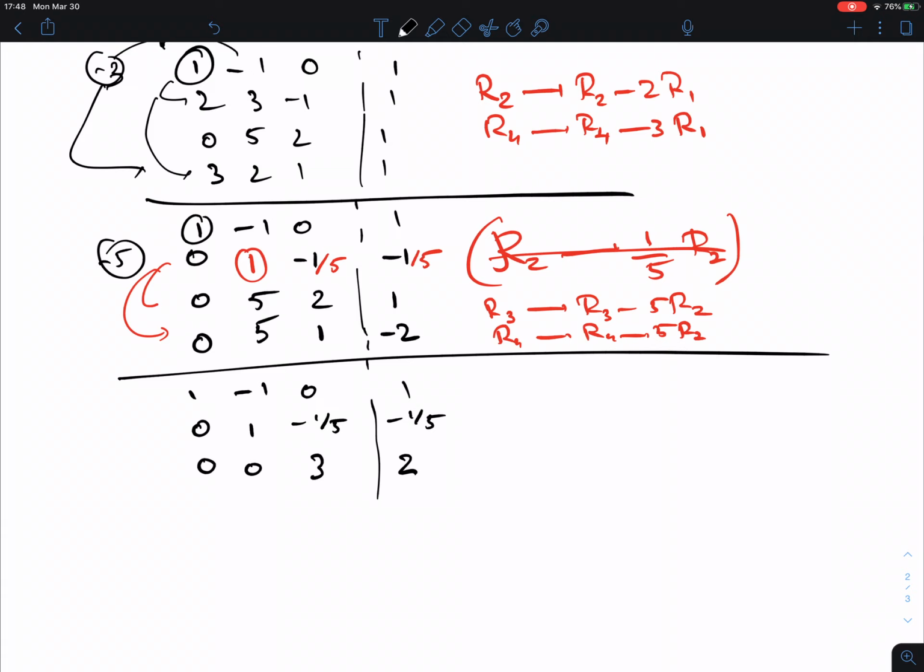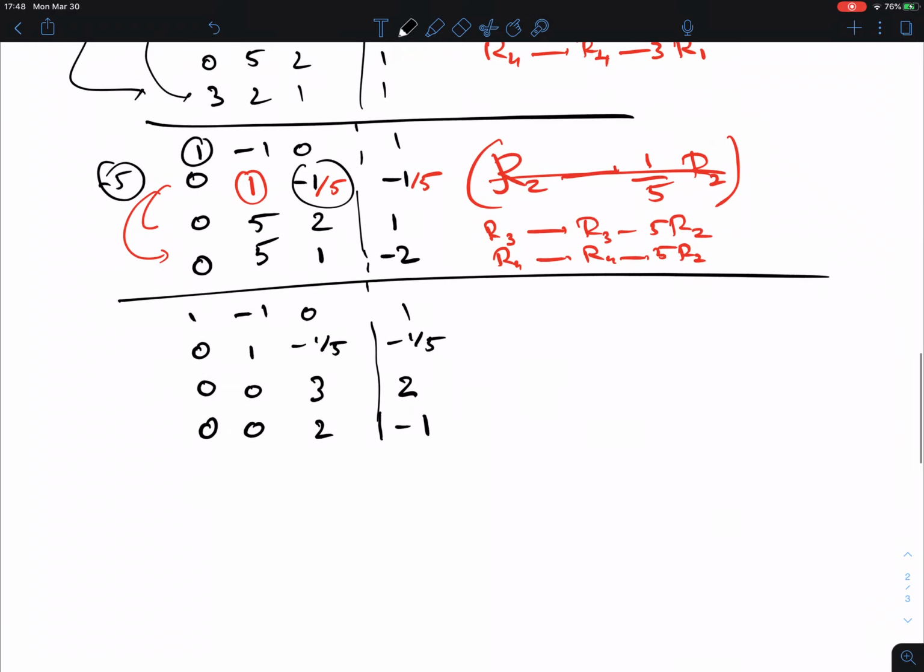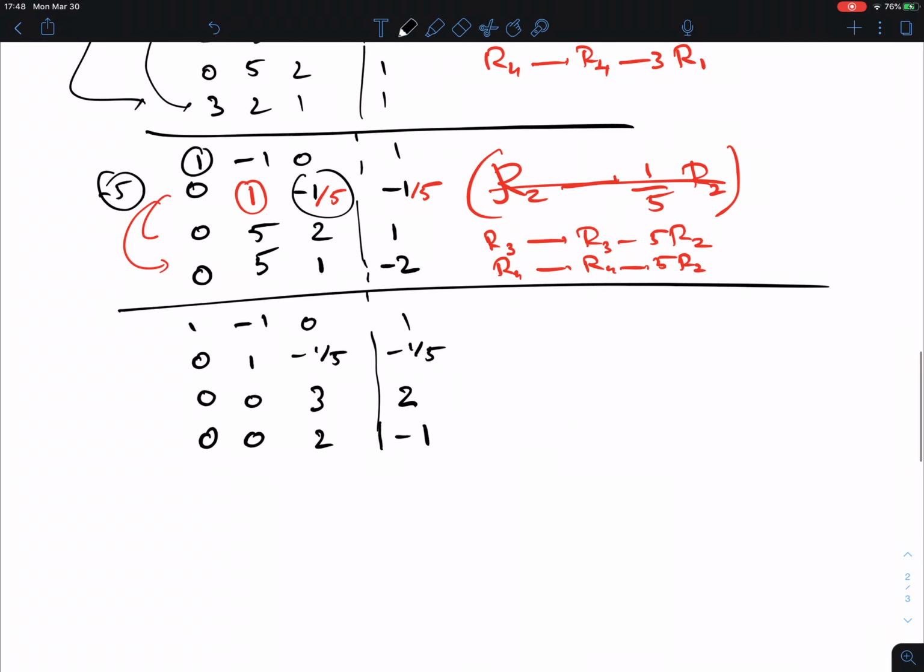What do we have? Oh, I have to still do the next row. I forgot to do that one. 0, 0. Negative 5 times negative 1/5, that is 1, plus 1 is 2, and then that is here minus 1. I have a feeling I made another mistake.